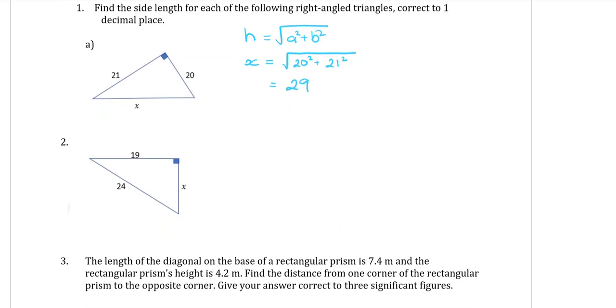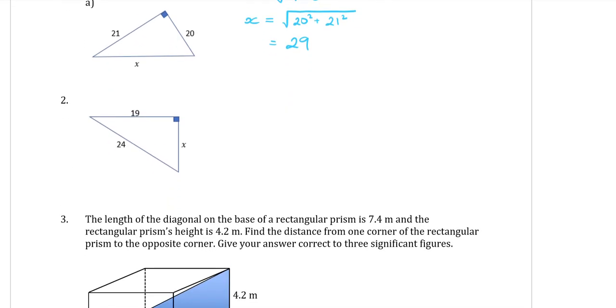Let's do another one, question 2. We have got one of the sides next to the right angle missing, which means we're missing one of the shorter sides. To find it, we use the shorter side formula, which is a equals square root of h squared minus b squared.